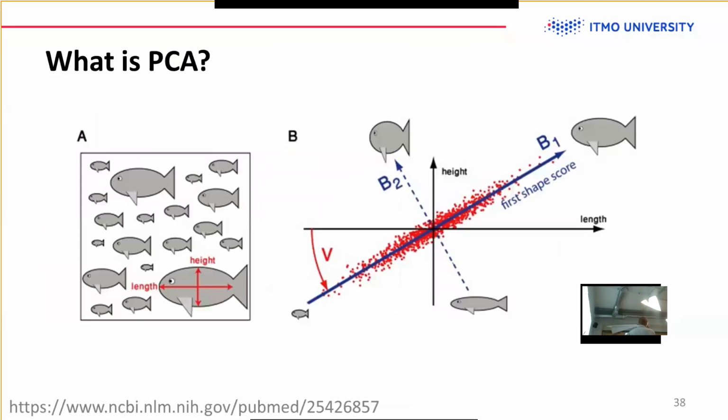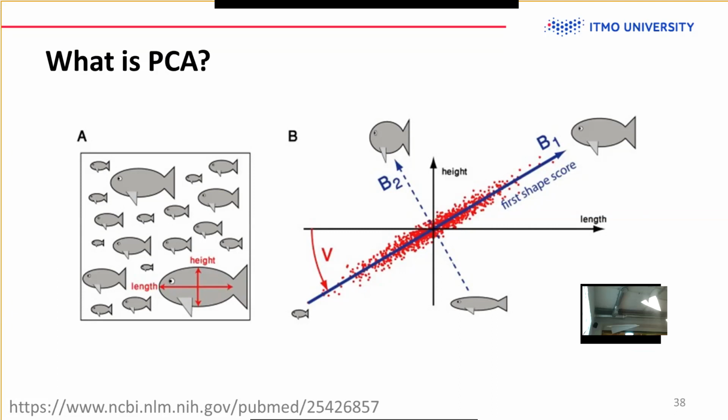And now to explain how this works, I would like to use a fish example from an actual publication from PubMed. The idea is, imagine there is some lake or sea, and there are different fishes, and from them you can measure different parameters like height, weight, width, whatever, and you can plot them one against the other, like here length versus height.